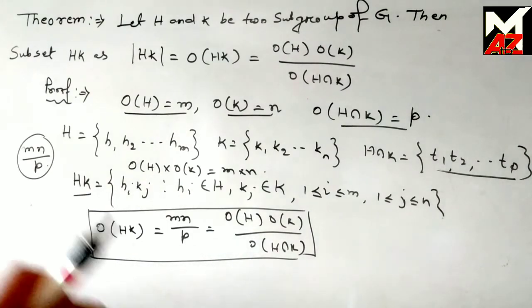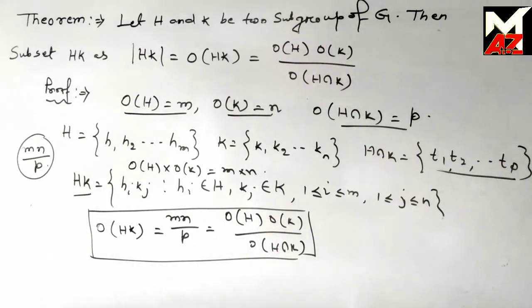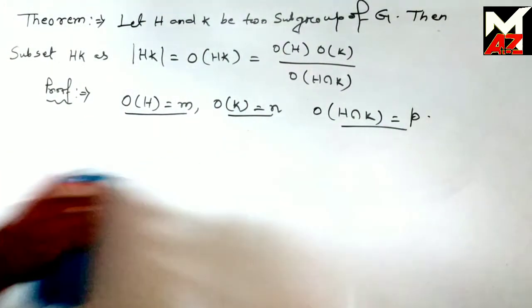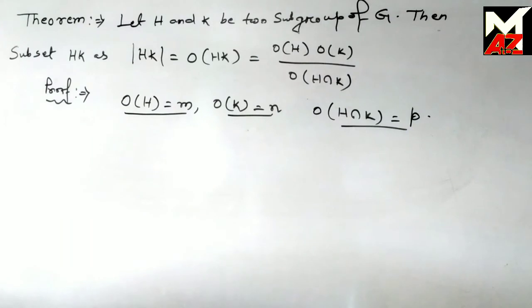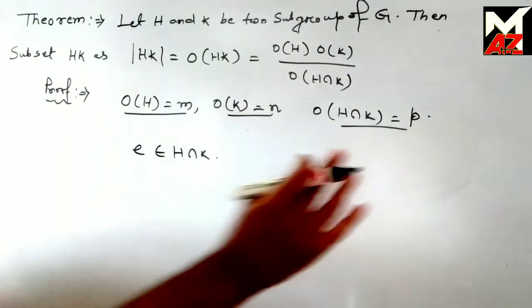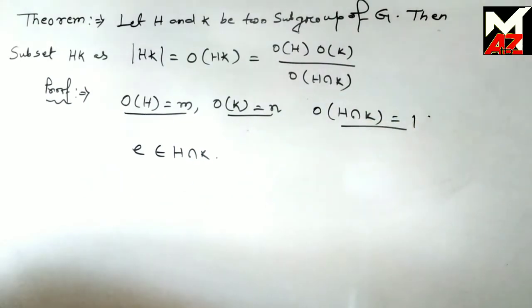Now it is important to notice that for two subgroups, if only the identity element e belongs to H intersection K, then this is 1, right?